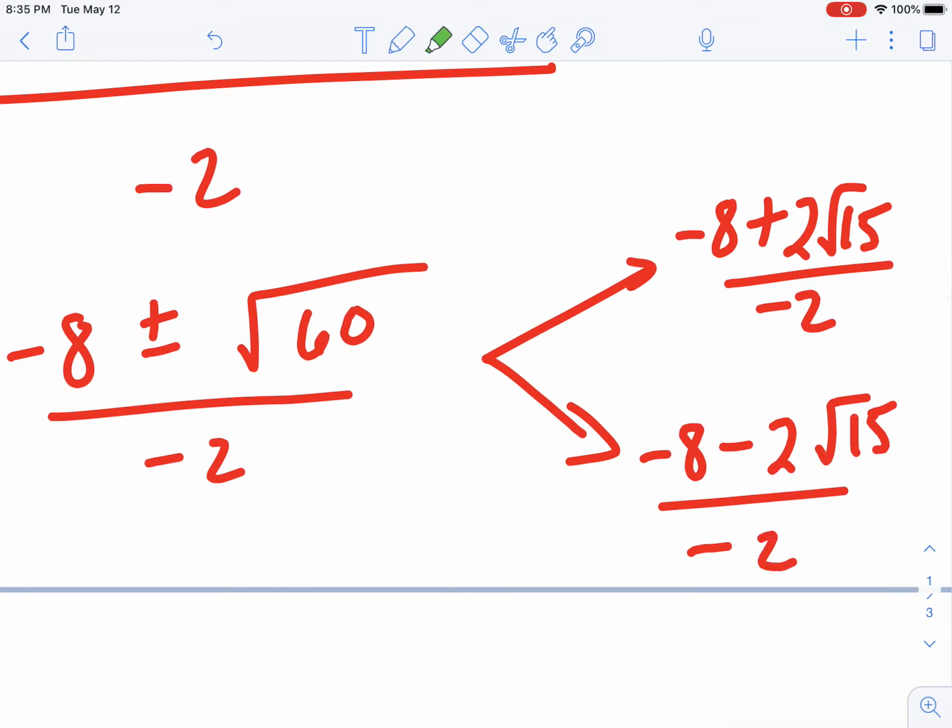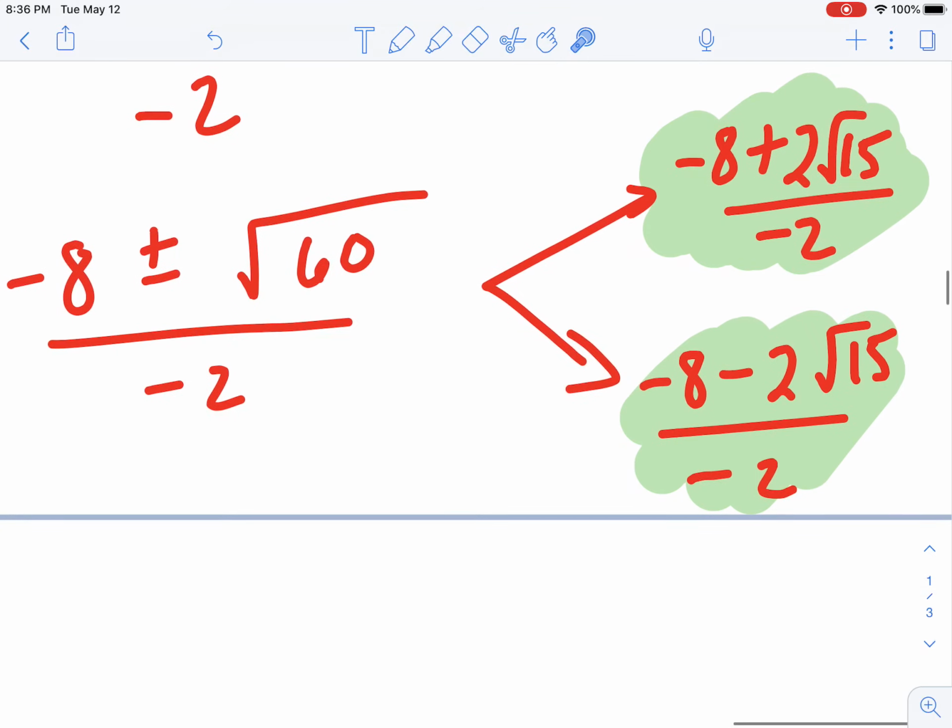And there's your two solutions. Okay, you could actually simplify these solutions as well, because the 8, the 2, and the 2 are all even. So really this would basically be positive 4 plus or minus radical 15.